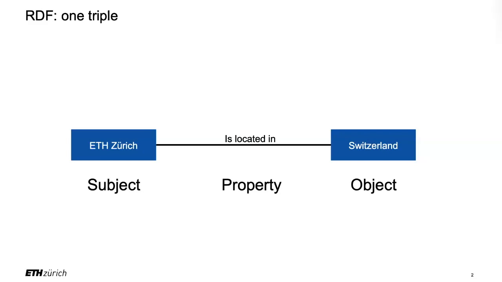But we saw that you can also use numbers or strings or atomic values instead of a URI, right? For example, if you say ETH has 20,000 students, then you would have ETH as the subject, number of students as the property, but then the object would be a number. It would be 20,000, right?